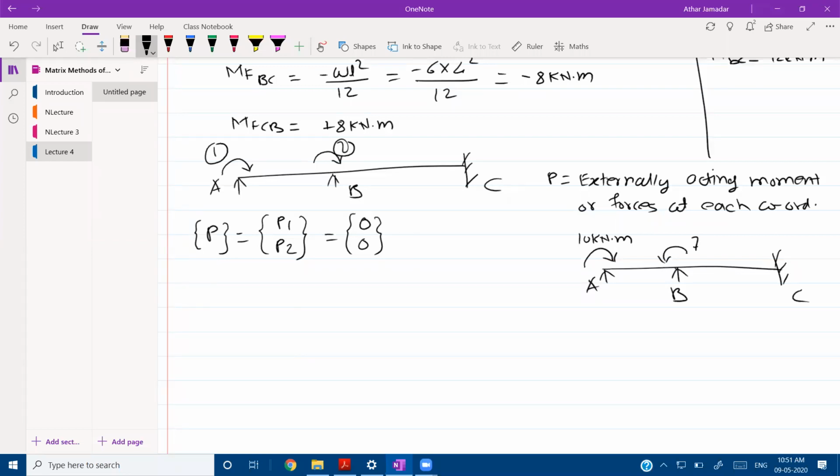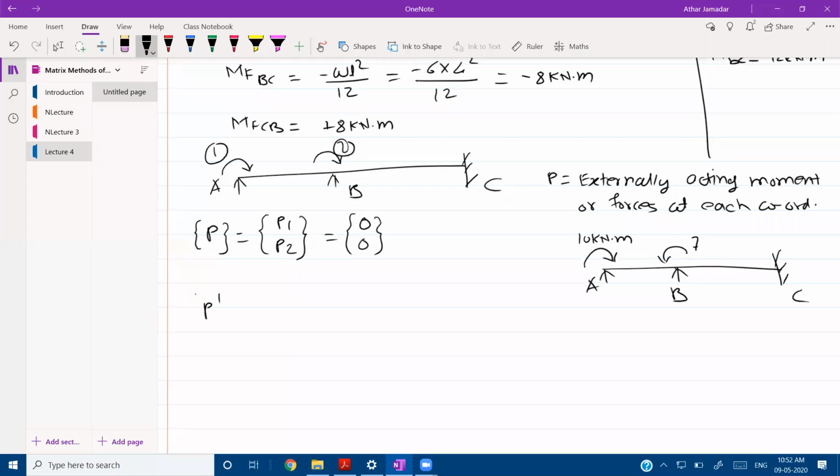If our assumed coordinates are clockwise at both locations, and in problem also external moments are given in clockwise direction, then those values will be positive. And if in this current problem at point B we have assumed clockwise rotation, but in problem it is given that anti-clockwise moment is acting, at that time P2 would have been minus 10. So remember this, how to assume this P1 and P2. Those are dependent on how your external forces are acting on each coordinate system. But here in current problem, there is no type of external moments acting at point A and point B. Therefore, this P1 and P2 will be 0.